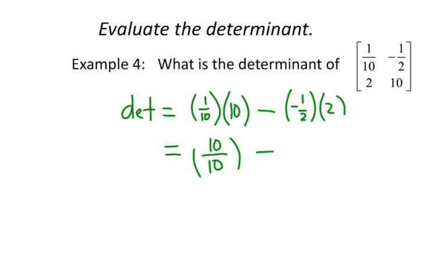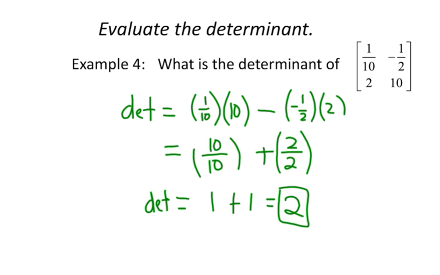Minus, actually a plus, 2 over 2 equals, so the determinant is equal to 1 plus 1 equals 2. So the determinant of this matrix is 2. This is very important again, that's why we put it in parentheses. Negative times a negative is a positive.